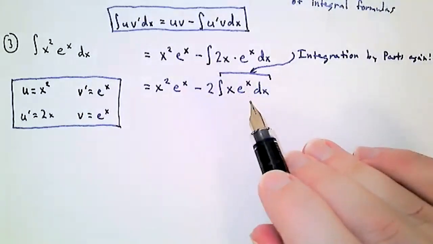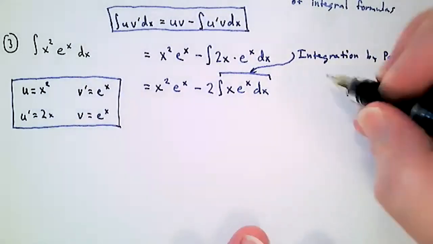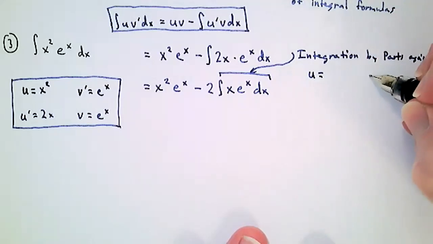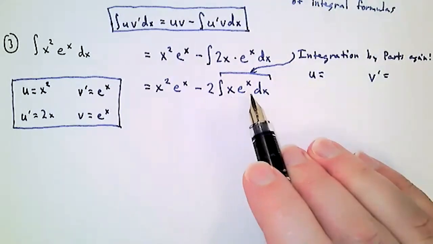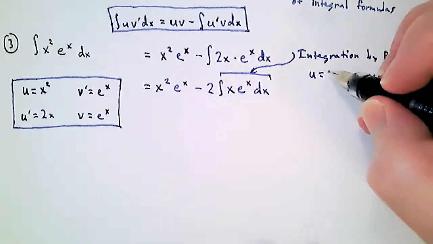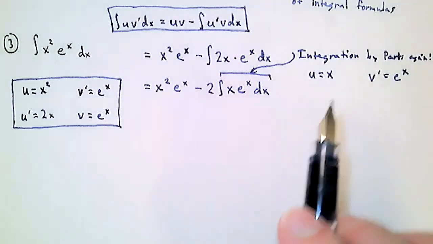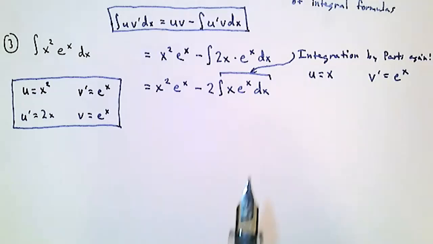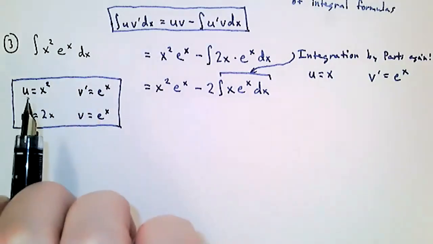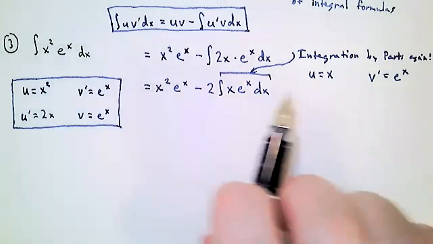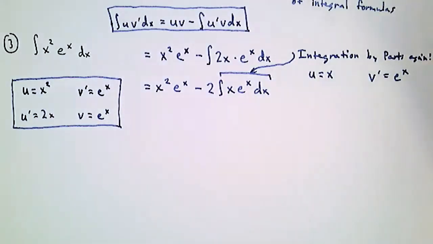So we need to again pick u and v prime. What do you think? What should our choice of u be? What should our choice of v prime be? U be x and v prime be e to the x. Good. So if you have to do integration by parts a second time, it's good to be consistent. Since we picked u to be our power of x function before, we should stick with that choice.